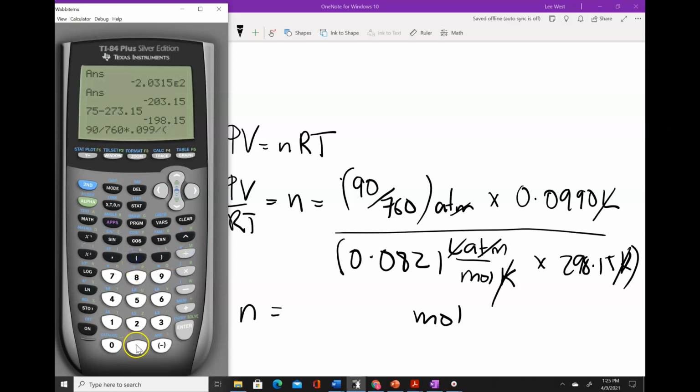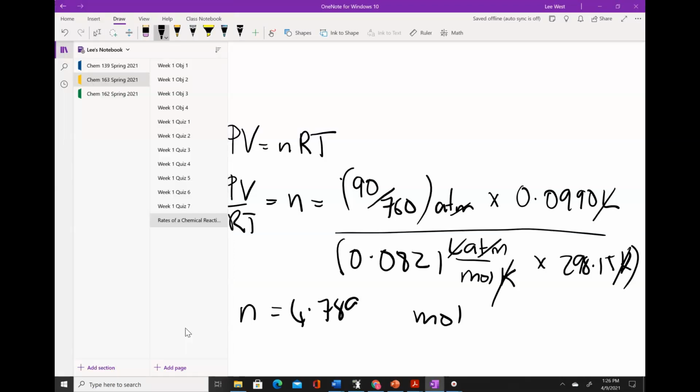Divide, parentheses, 0.0821 times 298.15, close parentheses, and hit enter, and that's it. 4.789. Remember, we want 4 sig figs. 4.789 by 10 to the negative 4 moles of O2.